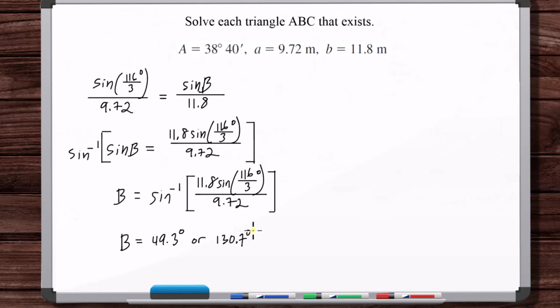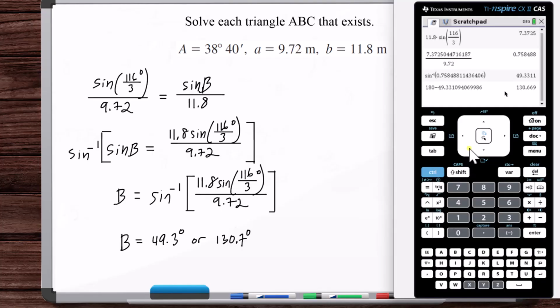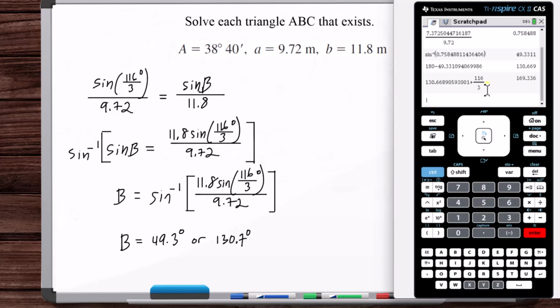What's going to happen here is that when we add this to, say, 130 plus 116 divided by 3, that's not greater than or equal to 180. So we can just eliminate this, and that's what happens.